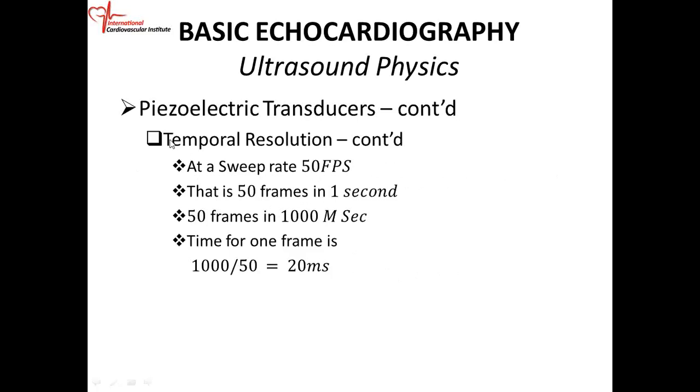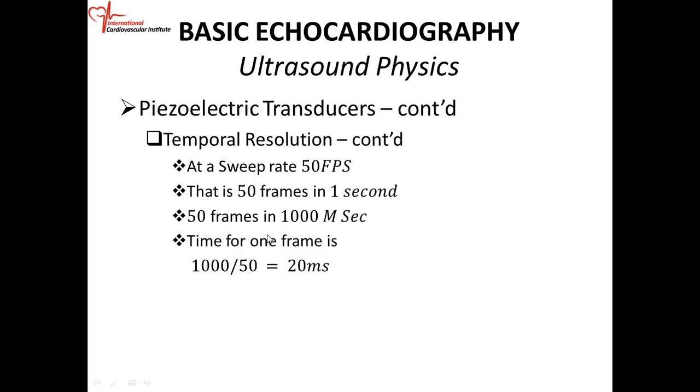When we do our regular ultrasound, we use a sweep speed of 50 frames per second. So 50 of those frames in each second. One second is 1,000 milliseconds, so you have 50 frames in 1,000 milliseconds.